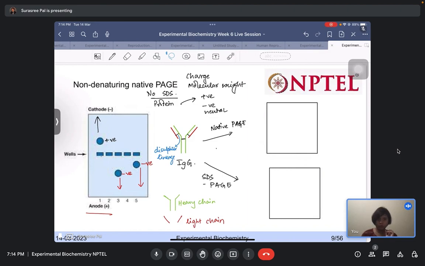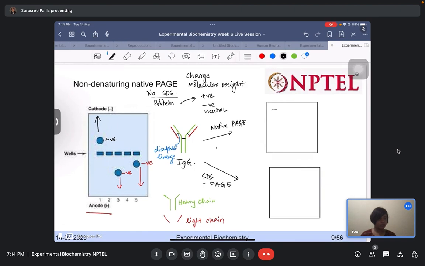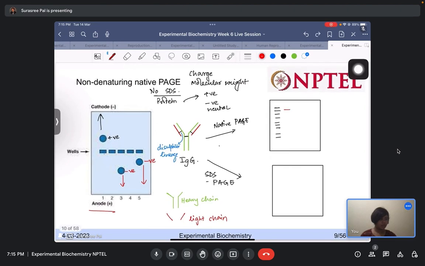There will be no denaturation of this IgG molecule, and therefore this molecule will form only one band. So suppose this is the gel, and this can be the molecular weight markers, and IgG will form only one band, because the disulfide linkages will not be broken in native page.